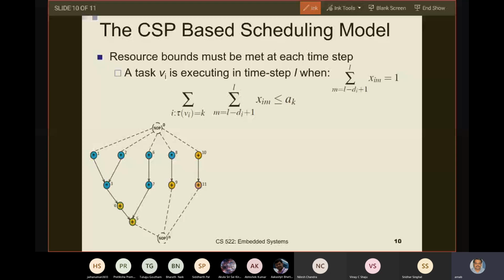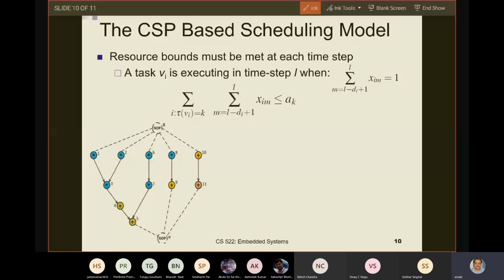At a given time step, you have a total number of resources of a certain type that is given to me as input. The number of tasks executing on processors of that type has to be less than or equal to the total number of processors of that type available to me.